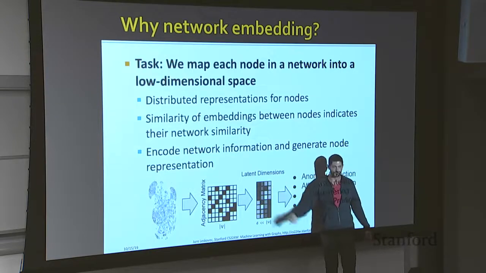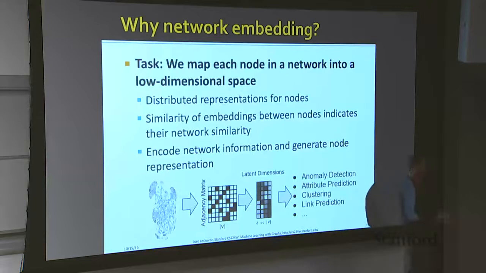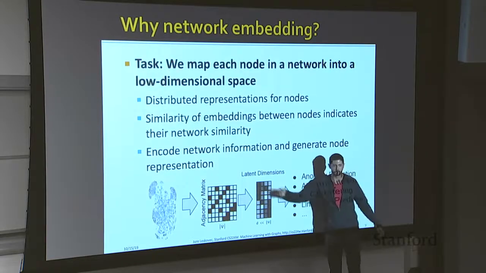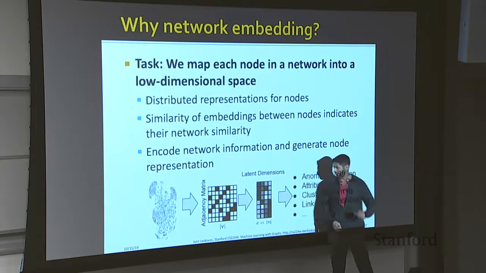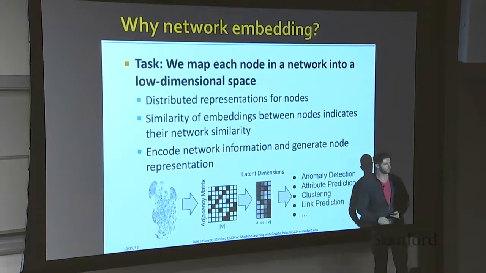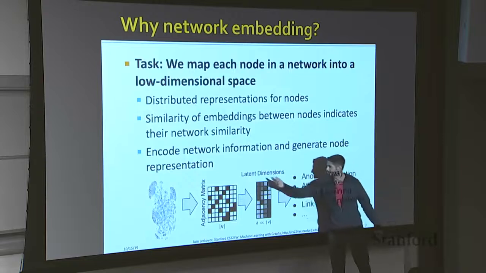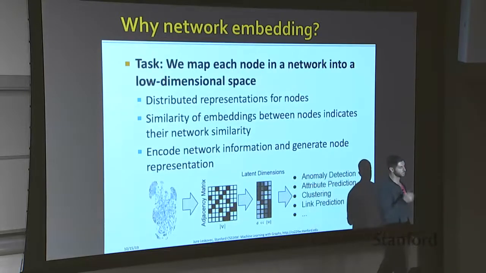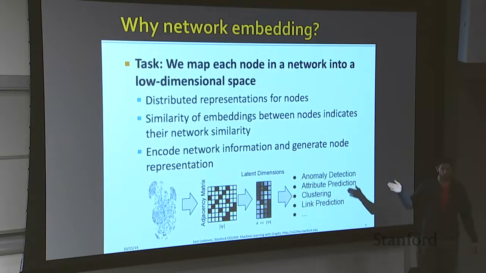Each of these dimensions will be able to capture some aspects of that node. Some of them may be the motif it belongs to. Another column might tell us the degree of the node, and so forth. But the key point is that these dimensions are latent. They're not explicit. We are not saying that each column is mapped to a specific feature, but rather that each one maps to a certain subset of these features.